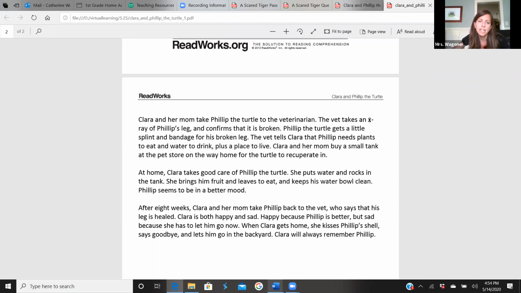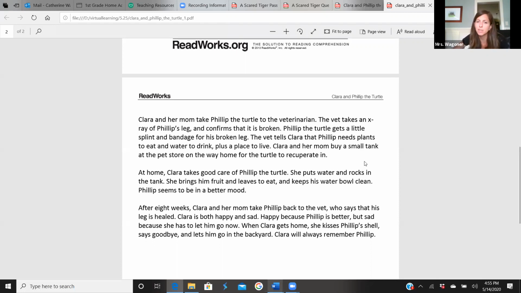At home, Clara takes good care of Philip the turtle. She puts water and rocks in the tank. She brings him fruit and leaves to eat and keeps his water bowl clean. Philip seems to be in a better mood. After 8 weeks, Clara and her mom take Philip back to the vet, who says that his leg is healed.